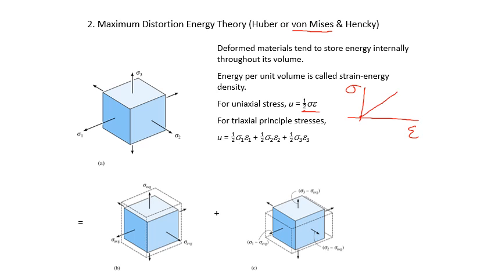If we have a straight line, then the energy is equal to the area under the graph. So it's half stress times strain. For triaxial principal stresses, we have U is equal to half sigma 1 epsilon 1 plus half sigma 2 epsilon 2 plus half sigma 3 epsilon 3. This is for triaxial stress.